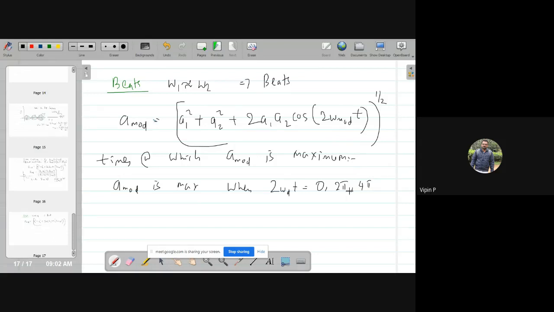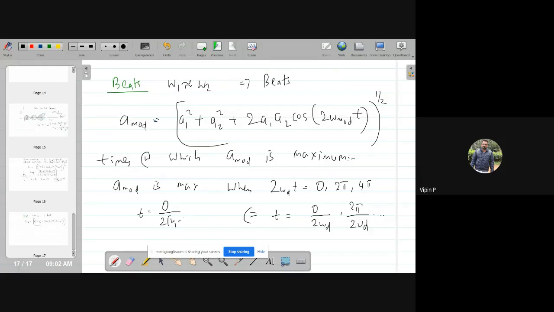For odd multiples of pi, that would be equal to minus 1, and you will have the minimum amplitude. Which means that at times 2 pi by 2 omega d, etc., we will have the maximum amplitude.